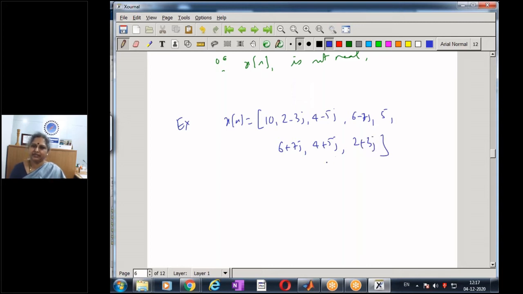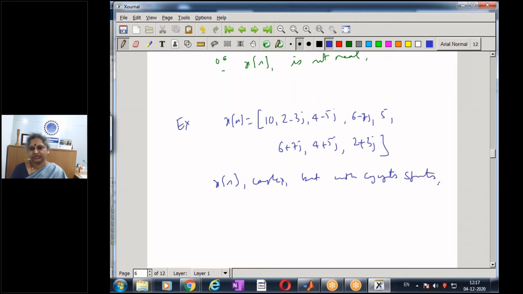So I am taking a sequence of length 8 such that x of 1 is the complex conjugate of x of 7, x of 2 is the complex conjugate of x of 6, and so on. So I am taking an input x of n which is not real. x of n is complex but with conjugate symmetry.